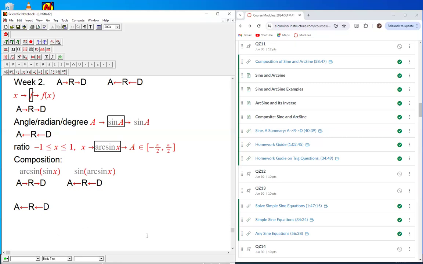D to A means that you're solving an equation. For example, you're given the equation sine equals, say, 1/2. In these lessons we talk about how to solve sine equations. What are sine equations? As a sine function, we know the ratio.